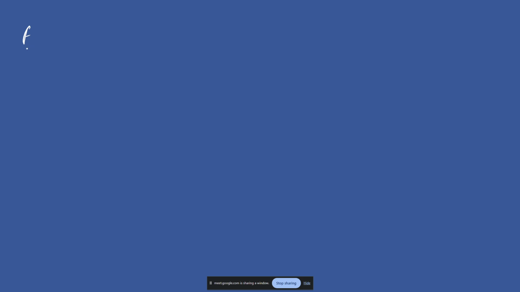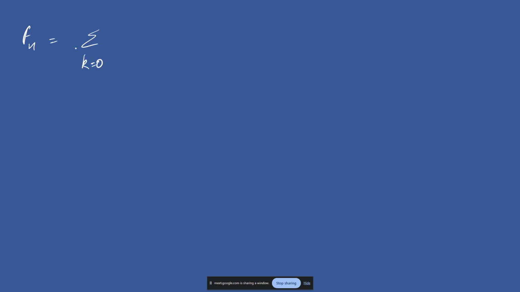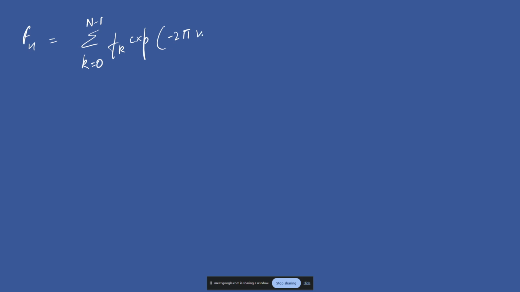Similarly, to obtain the value of f1, the subsequent values of the Fourier transformation after discretization can be obtained as fn equals the sum with k starting from 0 going up to n minus 1 of fk exponential minus 2 pi n k i divided by n. That will give you the subsequent values.